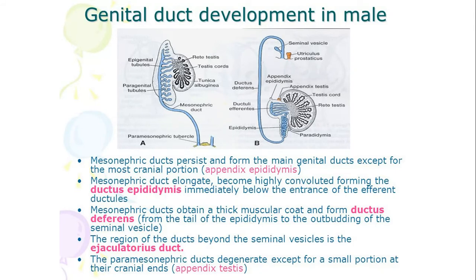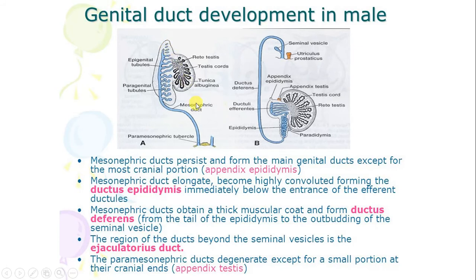The next thing is the duct system. We have seen that the mesonephric duct was connected to the rete testis. Here is the rete testis, and here is the mesonephric duct. The mesonephros is disappearing, but the mesonephric duct remains connected to the gonad through the rete testis. The mesonephric duct persists and forms the male genital duct, except the most cranial part, the appendix epididymis.